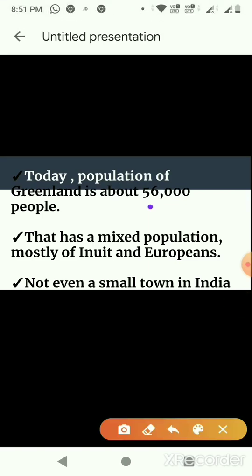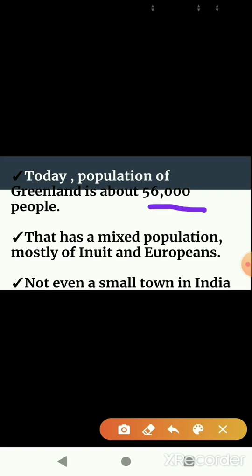Now children, let us see about the population of Greenland. Today, Greenland's population is about 56,000, which is a mixed population, that is Inuit and Europeans.